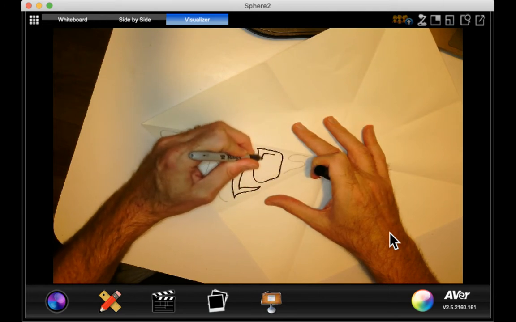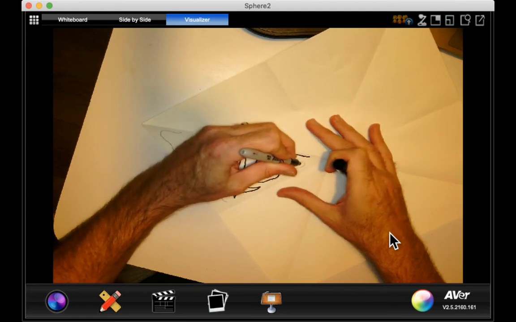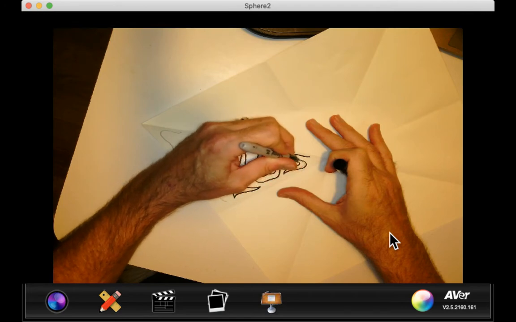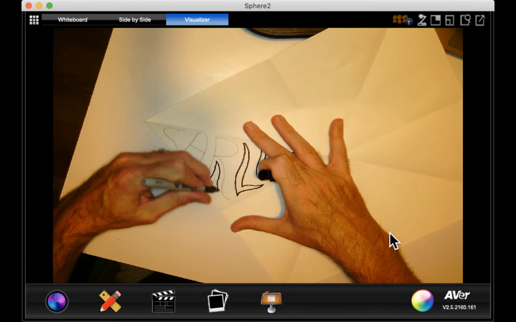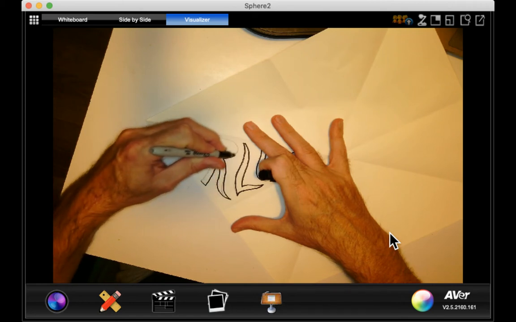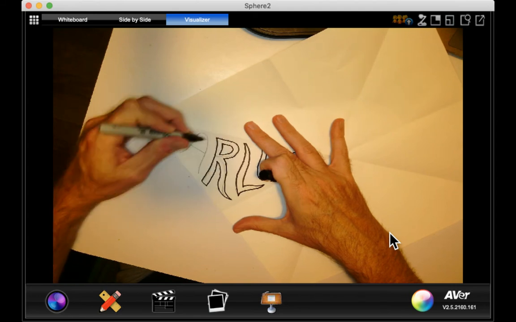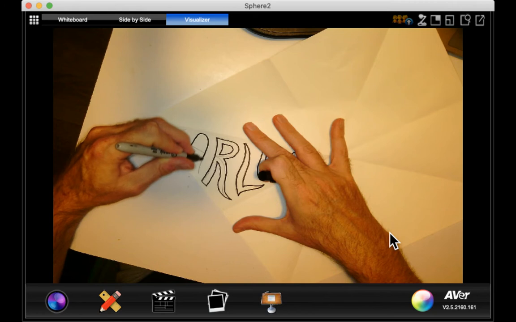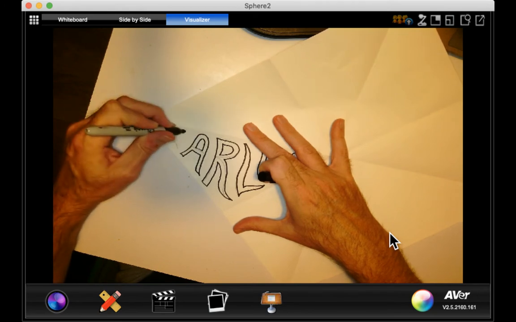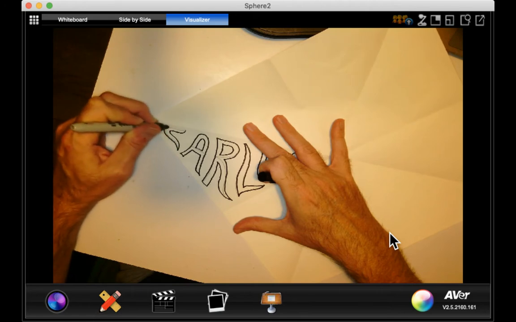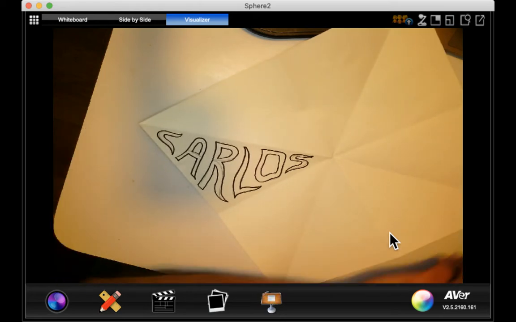So here is my bubble O. Here's my bubble S, or my block letter S. Right here, I'm going to do the same thing with the R. And here's the A. And here's the C. Okay, so I have these in block letters.